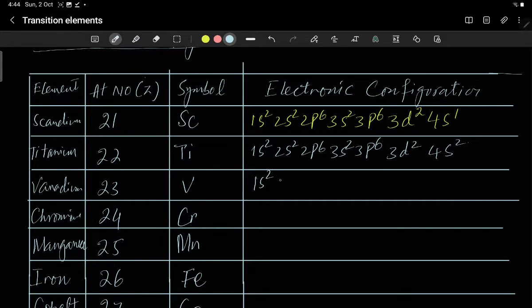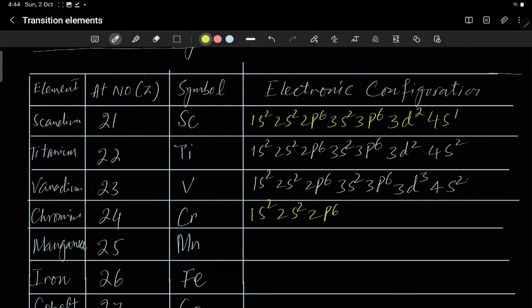Vanadium is 1s2, 2s2, 2p6, 3s2, 3p6, 3d3 and 4s2. Again I have written chromium in yellow: 1s2, 2s2, 2p6, 3s2, 3p6, 3d5 and 4s1.